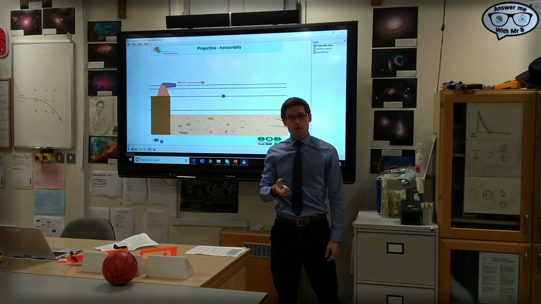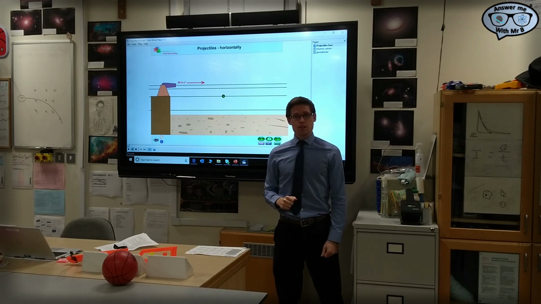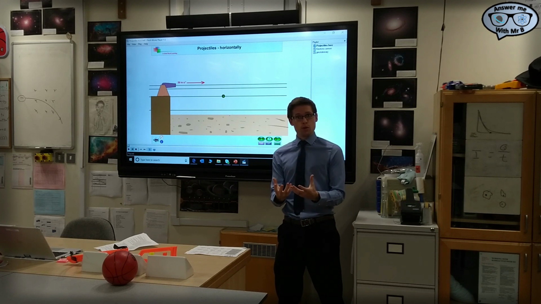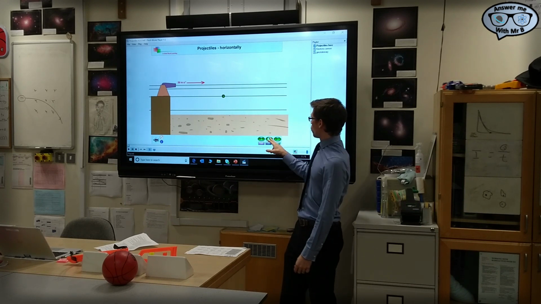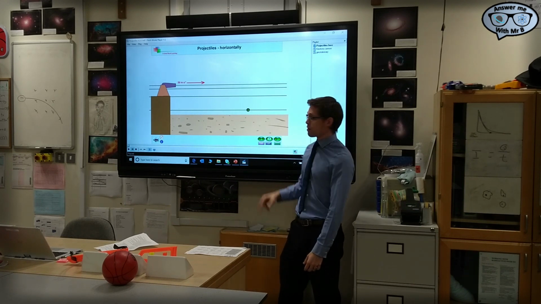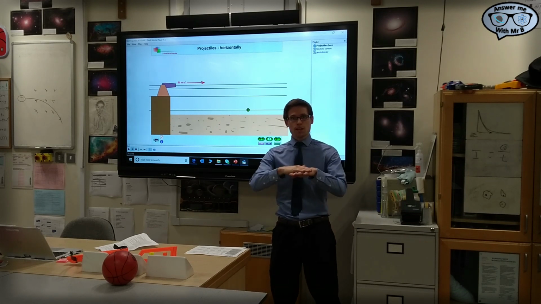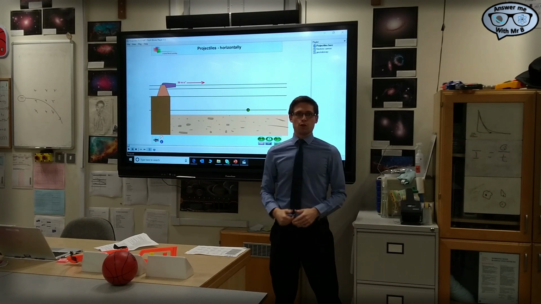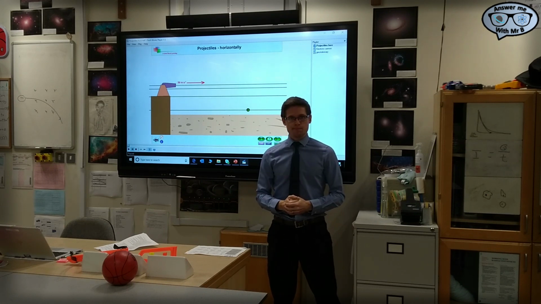And it's travelled further because it's speeding up. Its vertical velocity is increasing all the time because of the pull of the Earth's gravity. 5 seconds later, and once again that distance travelled is even bigger because its vertical velocity has increased even more.